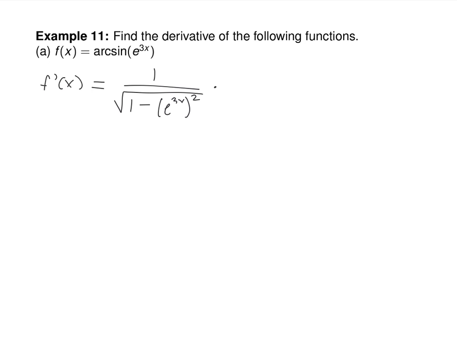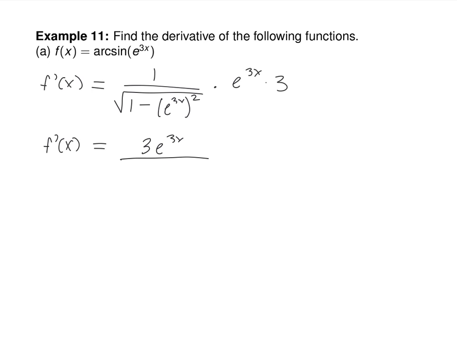So what's the derivative of e to the 3x going to be? e to the 3x times 3, right? Okay, so f prime of x, the 3e to the 3x is in the numerator.